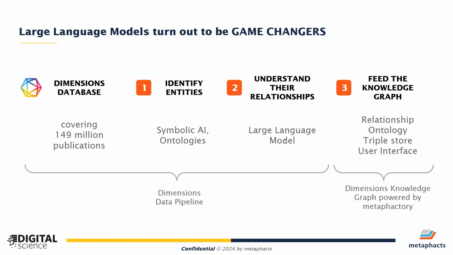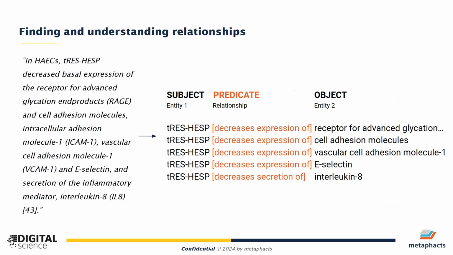Then we use large language models to identify the relationship between these entities. And then we feed the results into our knowledge graph, where we can connect it with all the other data that we already have there. Basically, that's the approach. A little bit abstract and technical.